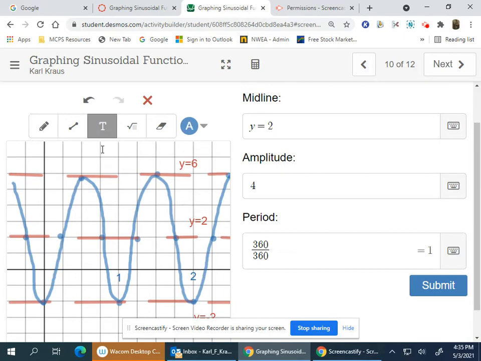And I'll label some of these points here. So this one would be 0, -2. This one, 0.5, 6. There's a 0.25 and 2.